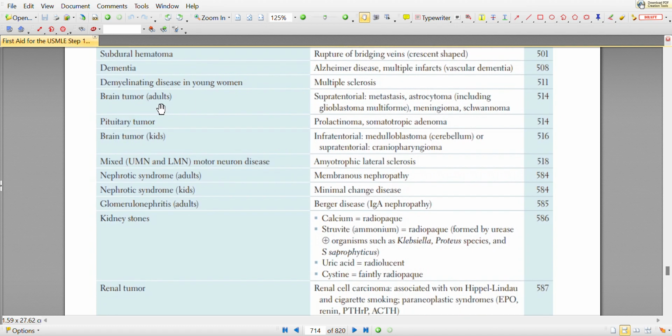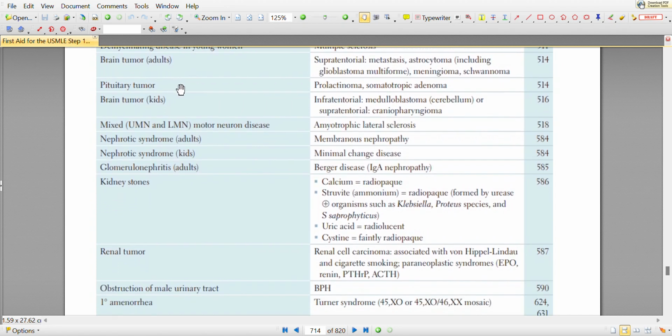Brain tumor in adults, supratentorial is a common association: metastasis, astrocytoma including glioblastoma multiforme, meningioma, and schwannoma occur as supratentorial brain tumors in adults. Pituitary tumor is associated commonly with prolactinoma, somatotropic adenoma.